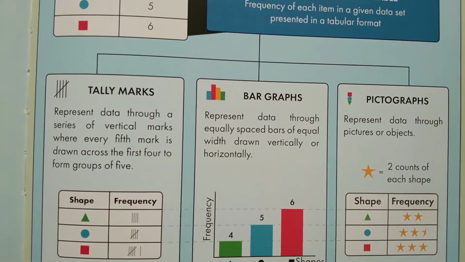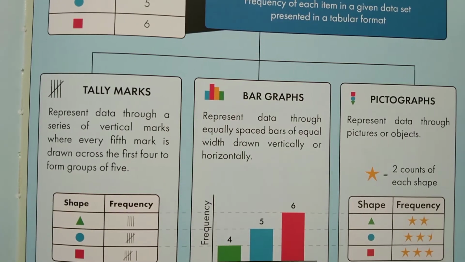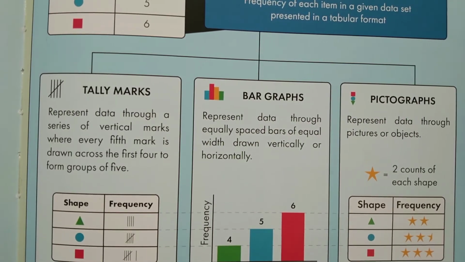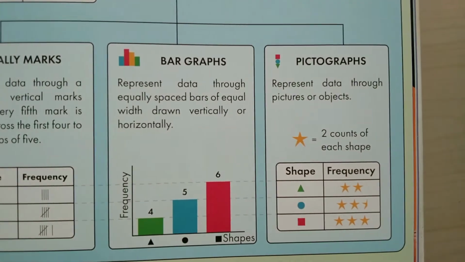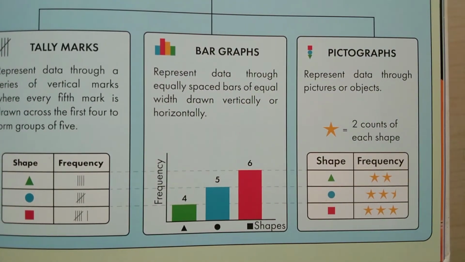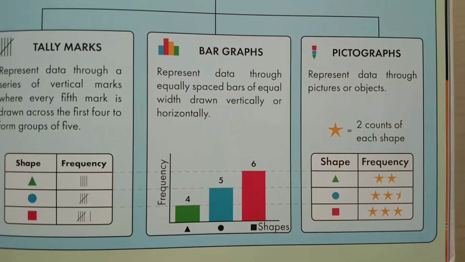They represent data through a series of vertical marks, where every 5th mark is drawn across the first 4 to form groups of 5. And then bar graphs represent data through equally spaced bars of equal width drawn vertically or horizontally.